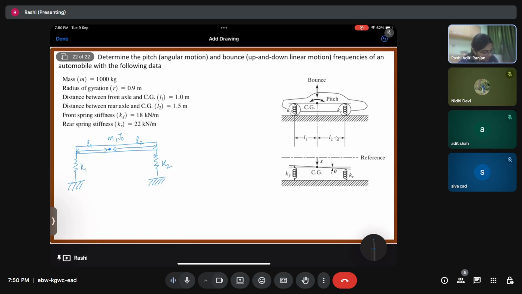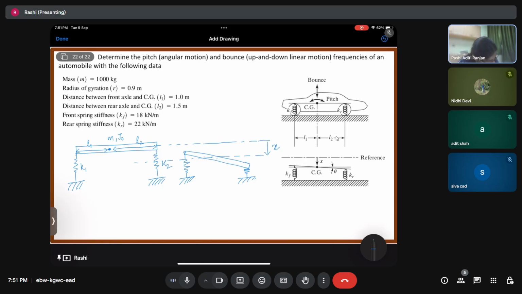Okay. So from here, let us say that the rod is displaced in this way, like this. If we compare these both, this has come down by, let us say, x.